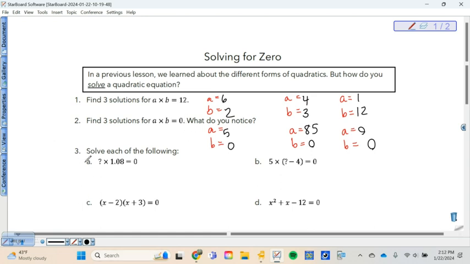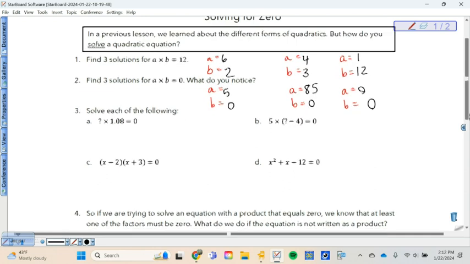So then for part A and number 3, what would go in place of that question mark? Question mark times 1.08 equals 0. What does the question mark have to be? 0. What about part B? Taking 5 and I'm multiplying it by this, right?